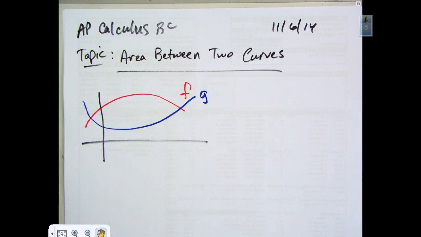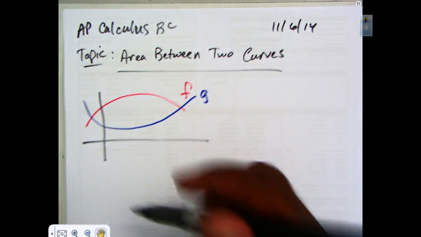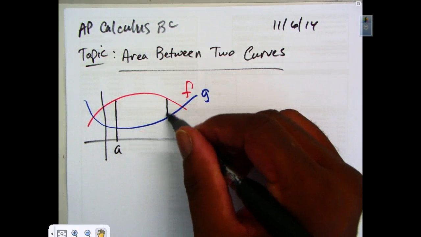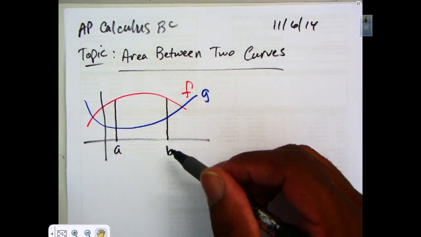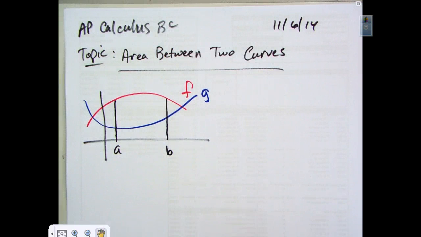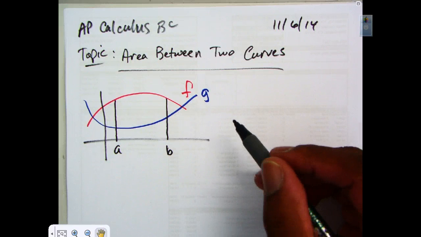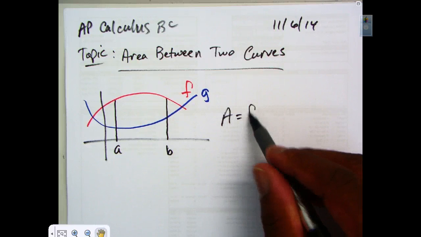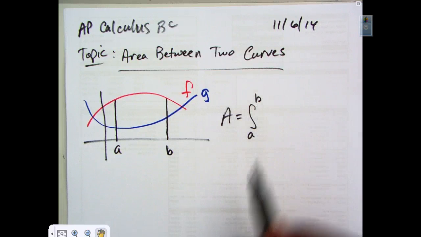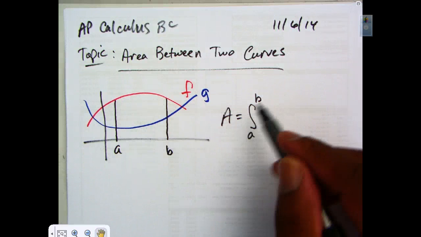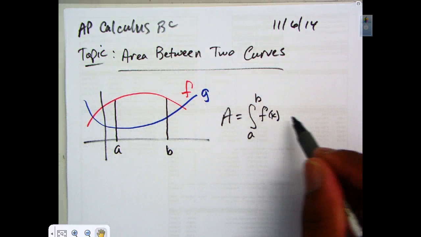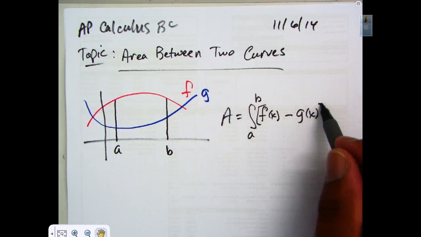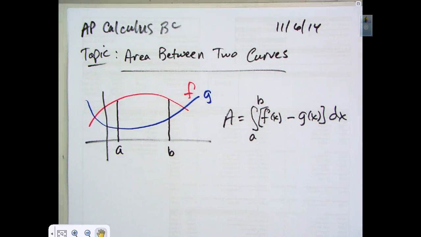And we're taking a look at the area of the region bounded by the vertical lines x equal a and x equal b. Okay, so the area is going to be the integral from a to b of f of x minus g of x dx.